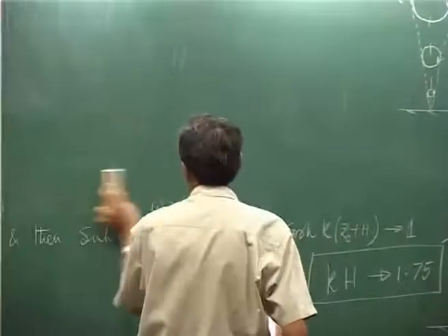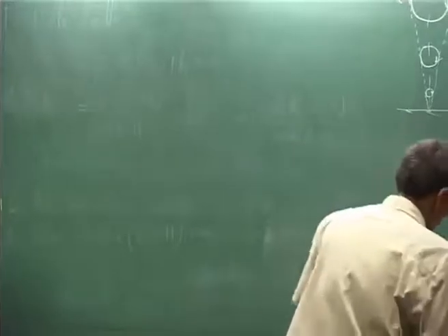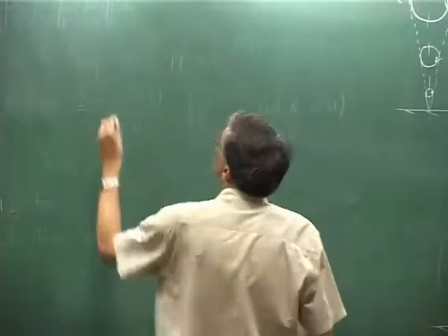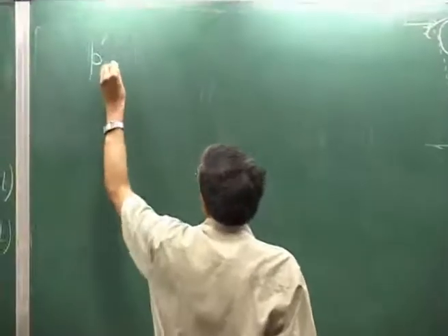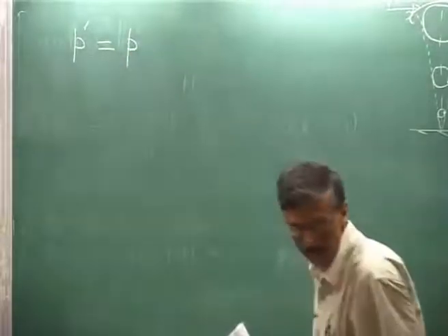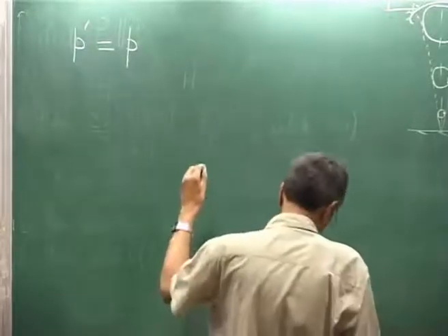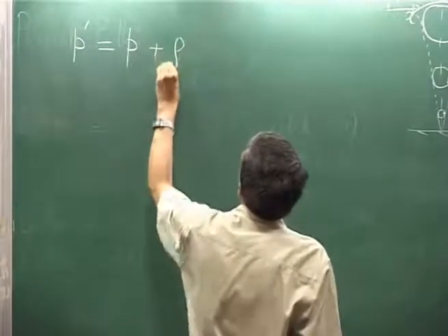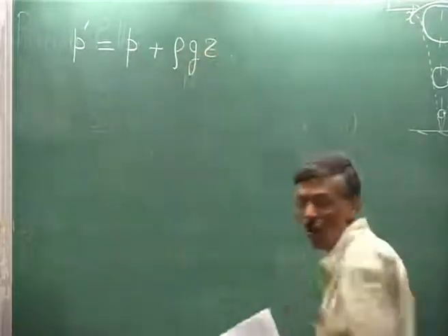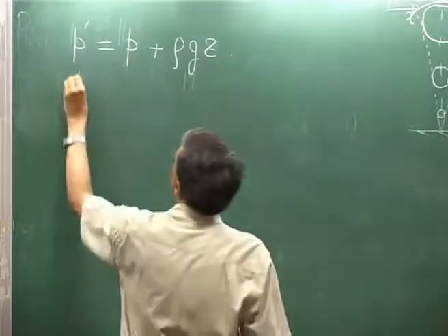So, basically, P prime is the pressure fluctuation, that should be your actual pressure that we have written in the Bernoulli's equation, and then we will be doing this, because minus rho g z was the actual pressure in the undisturbed case, from hydrostatics. So, this is your pressure fluctuation.